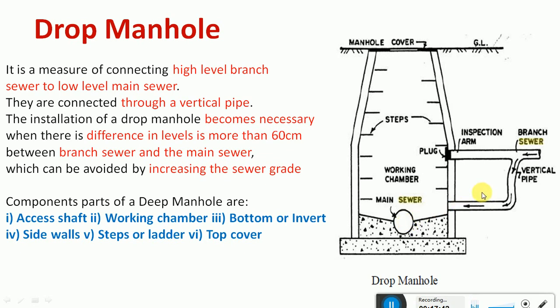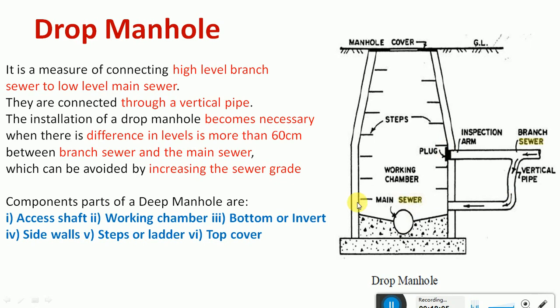That is why it is called a drop manhole. These are connected through a vertical pipe. Remember, this is provided if the difference in level is more than 60 centimeter between branch and main sewer. Like I was telling you, if the difference in elevation is more, we go for a drop manhole.